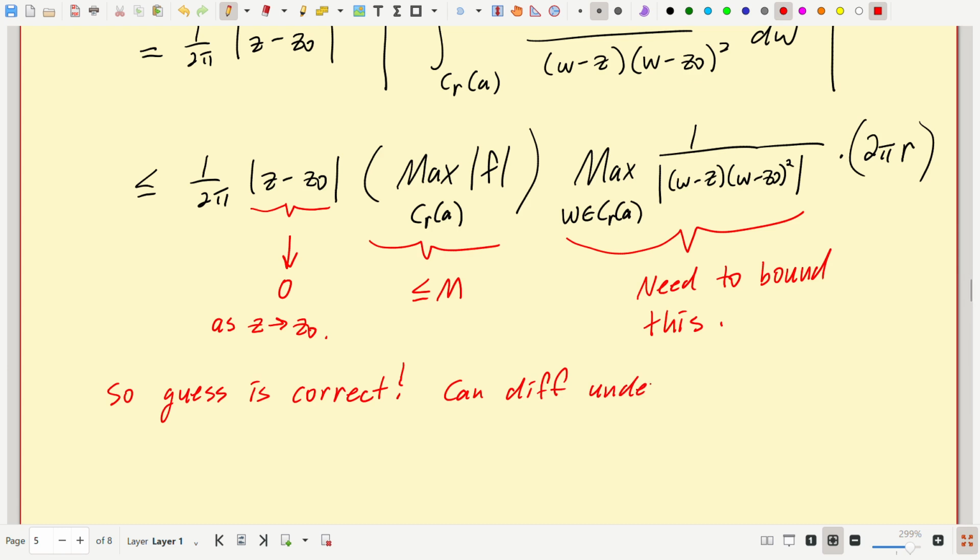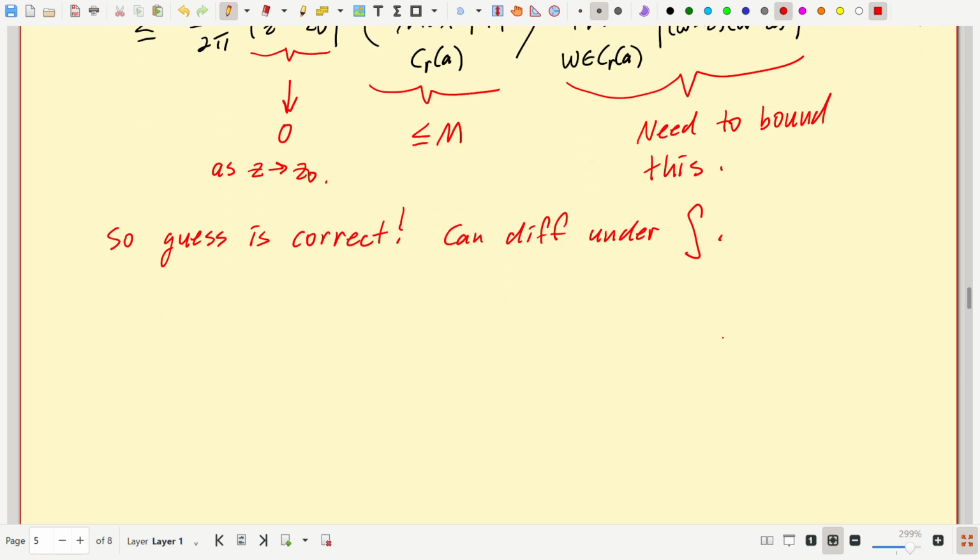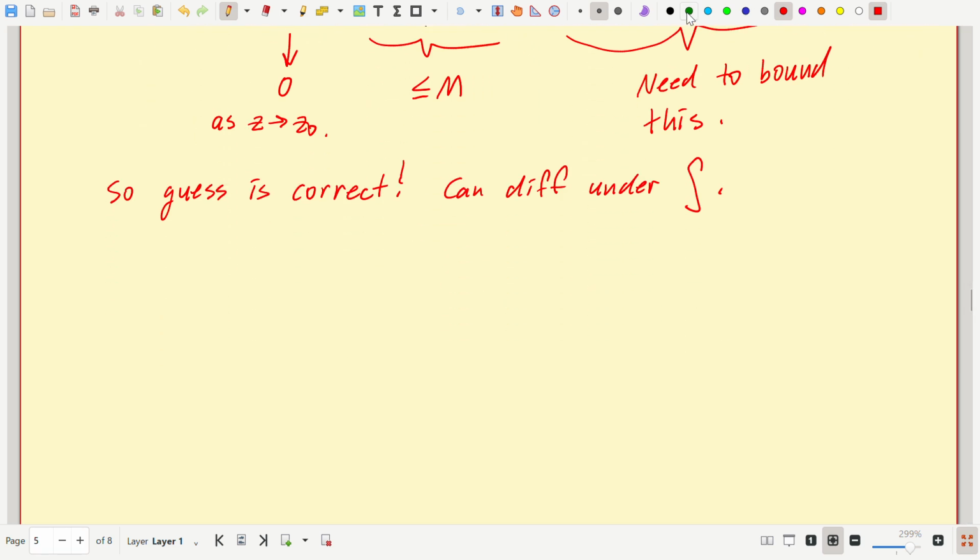I'm only going to do this once. Once you've seen it, then you're free to differentiate integrals. So the bounding of that is a snap. Just draw a picture. Remember, I got my green circle here. I've got a point z naught.